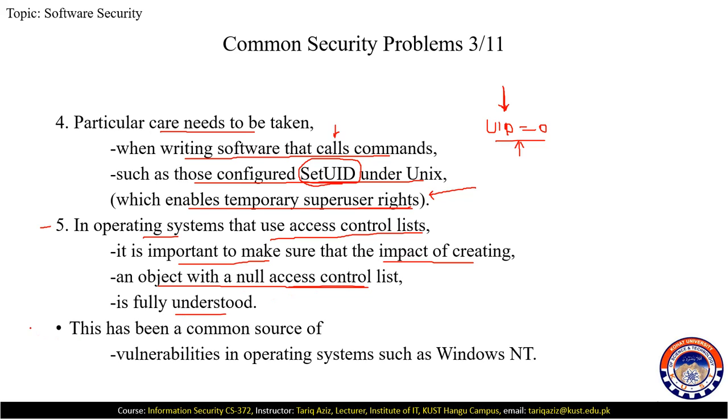Why? Because this has been a common source of vulnerabilities in operating systems such as Windows NT. In Windows NT, this vulnerability was exploited, because in the Windows NT operating system you can create an object with a null access control list. And what's the consequence? A hacker can exploit this vulnerability for his notorious intentions.